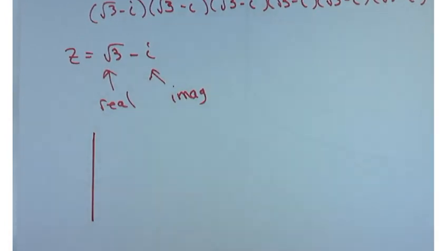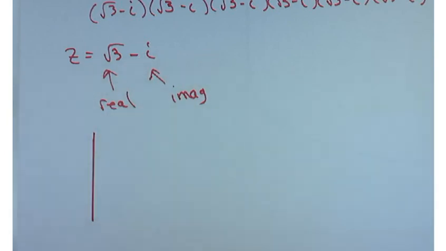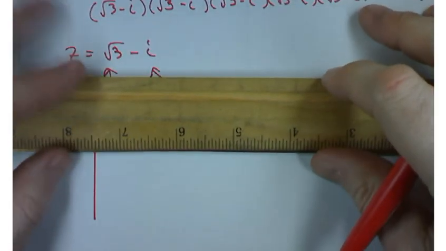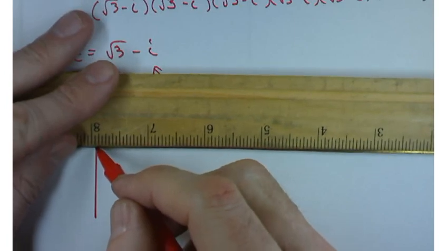Does anyone know? Andre? Not with a negative i. That would be below the x-axis. Are you drawing it in the air? Okay. Fourth quadrant. Thank you.